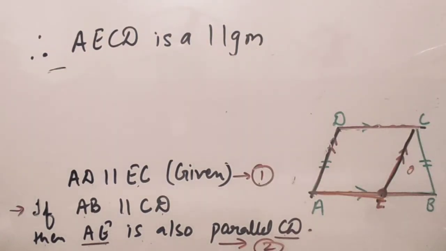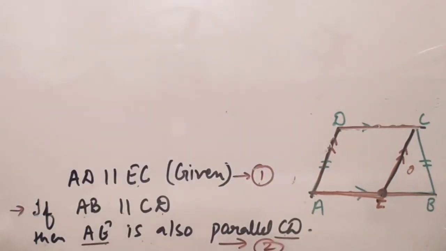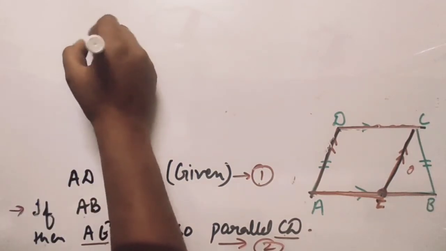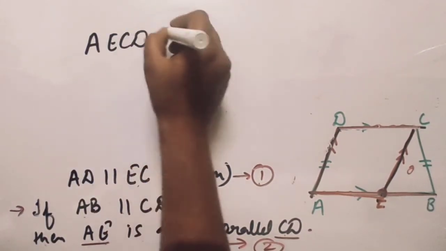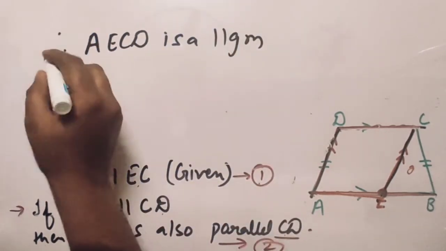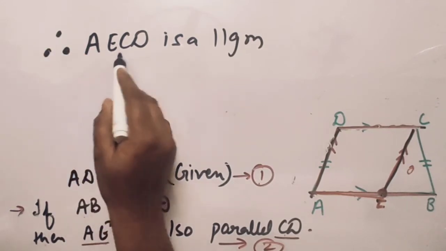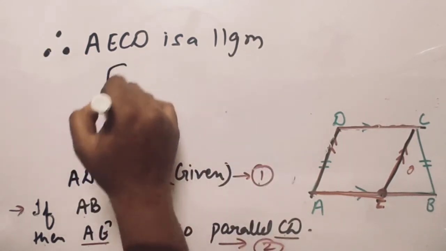So what we will write here is that AECD is a parallelogram. Therefore, this is the symbol of therefore, three dots. Therefore, AECD is a parallelogram.